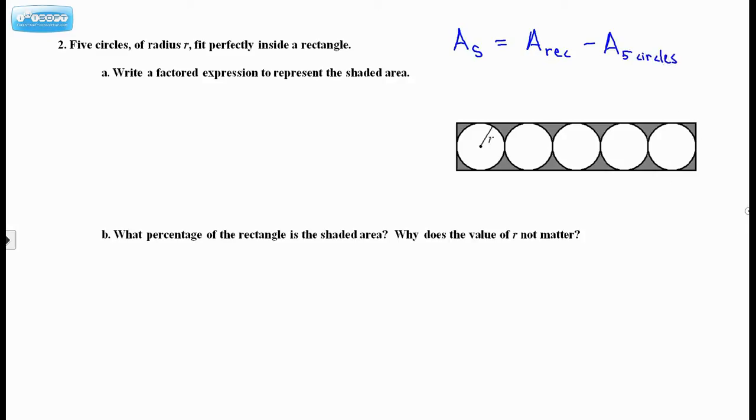That's no problem. Well, how do we find the area of the rectangle? There are no numbers given. Well, we're actually not asked to work with numbers. We just want an expression, and the only variable we have is r. So everything we have is going to be just in terms of r. Remember that the area of a rectangle is just the length times the width. This is r.